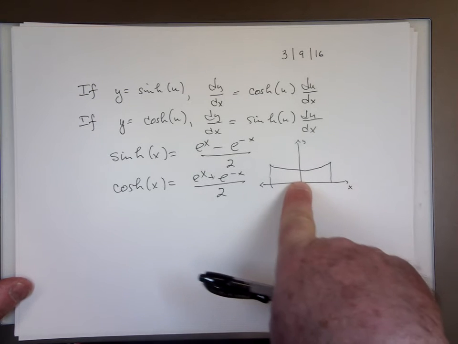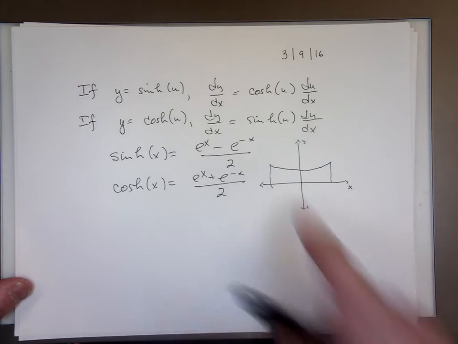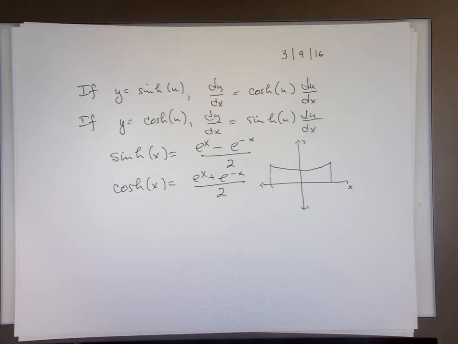The application is, if you take two poles and string a wire between them, that wire is not in the form of a parabola, it's in the form of what's called a catenary. And the catenary is a form of hyperbolic cosine. That's a fundamental thing. Just put a wire between two poles, and it'll be in the form of a catenary, or hyperbolic cosine. Those kinds of problems are solved with hyperbolic cosine and sine.